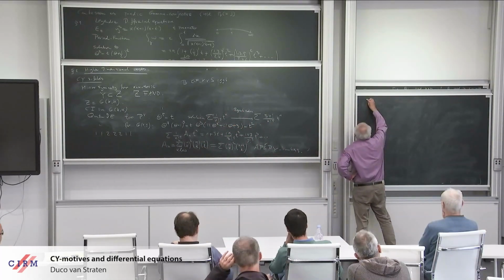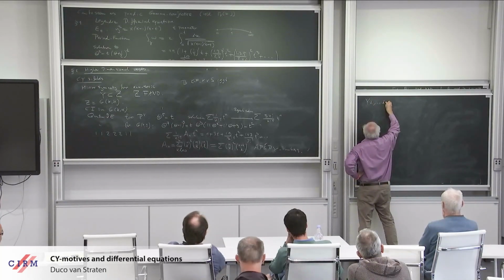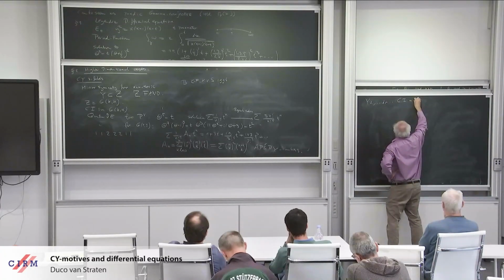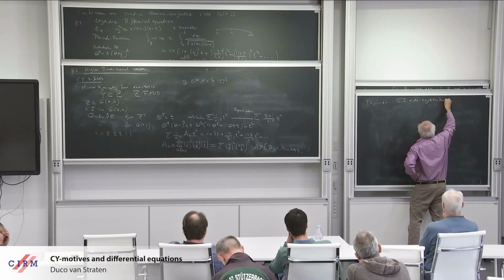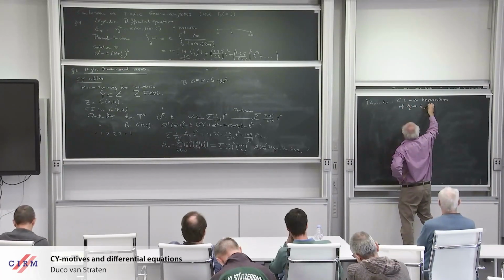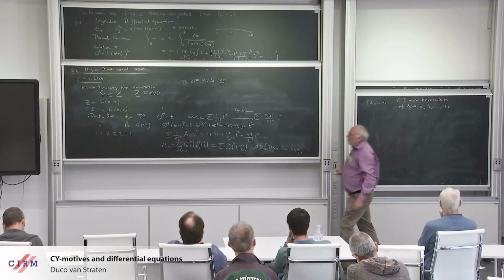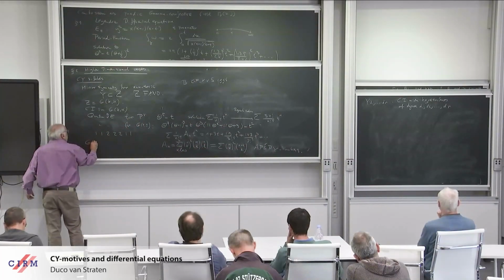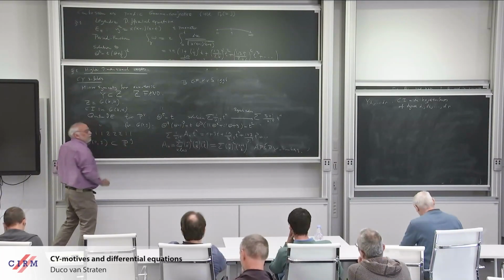And if you do this, it is a complete intersection with hypersurfaces of degree... this Grassmannian, the G(2,5), has a Plücker embedding in P9.